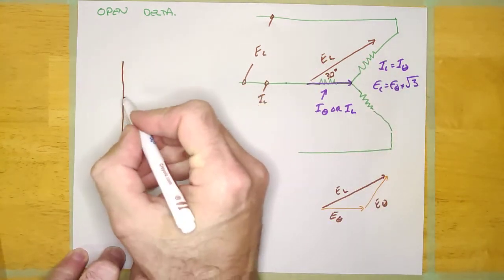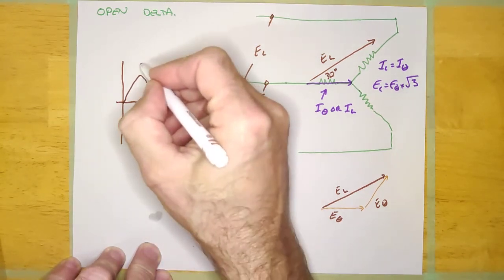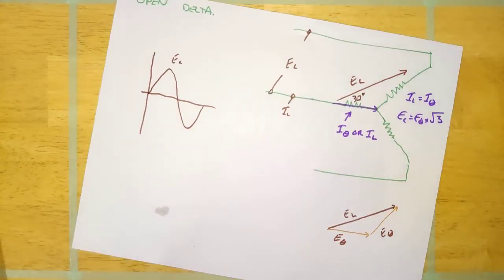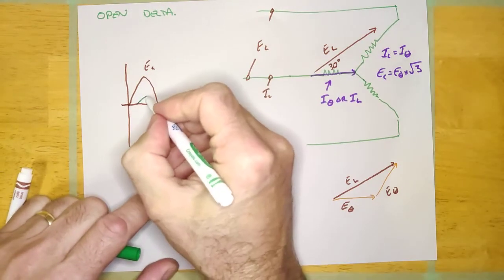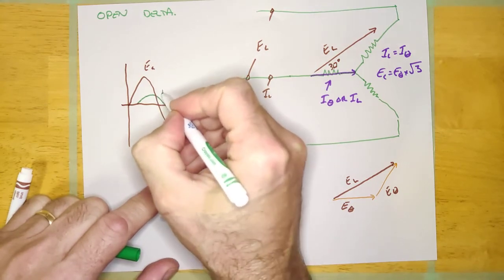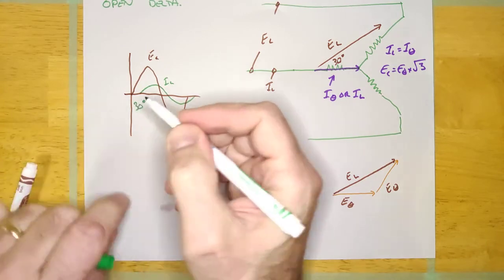And so if I scope those two guys, it would look like this, okay? Here's E line. And here's I line, okay? And that would be 30 degrees.